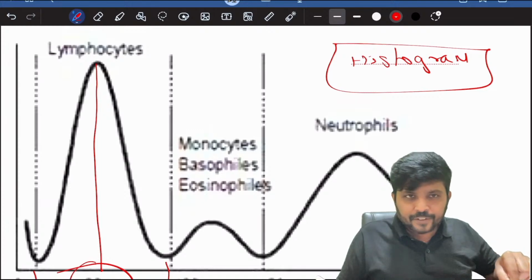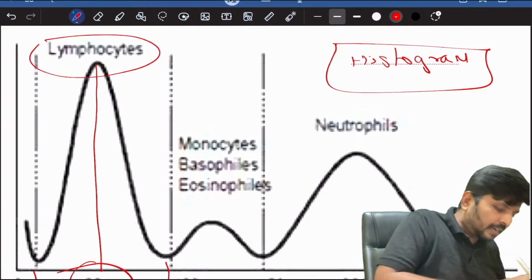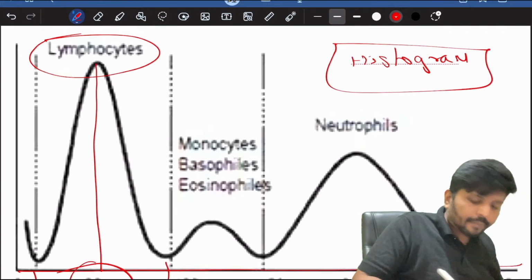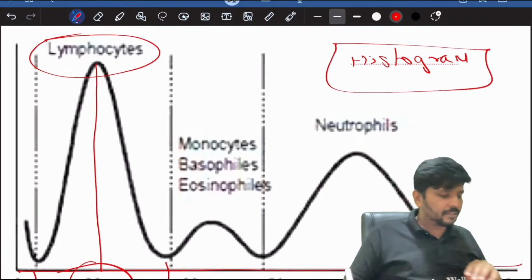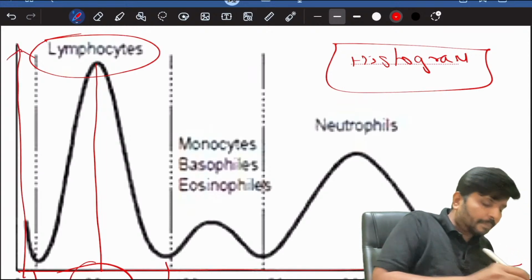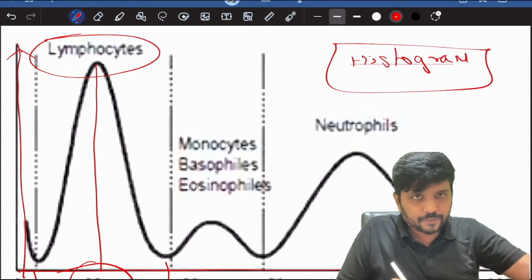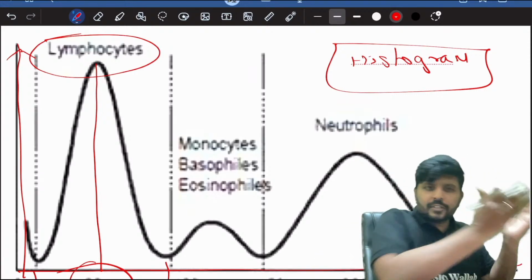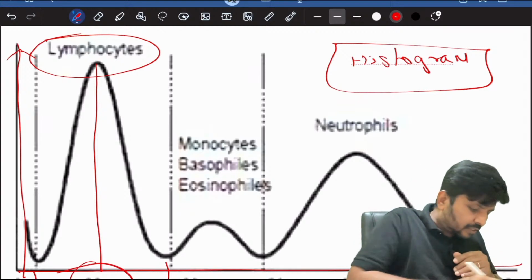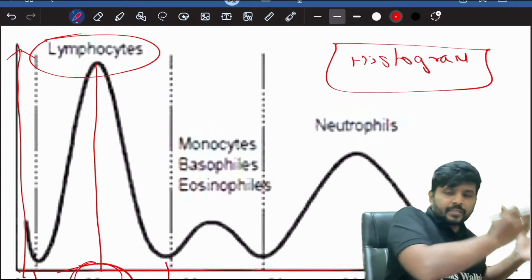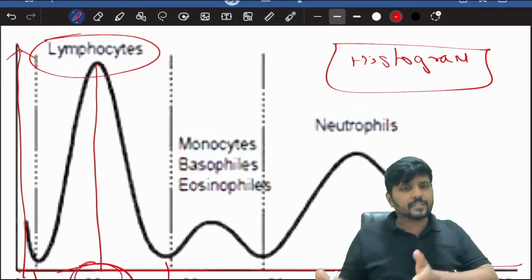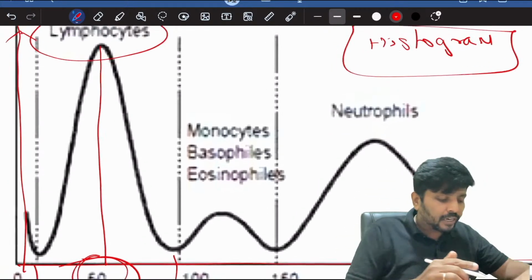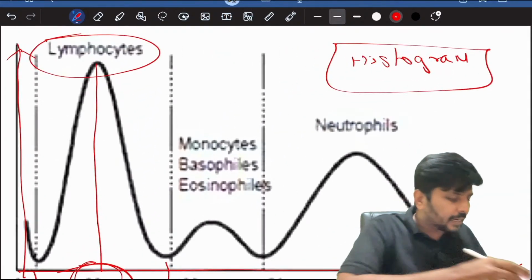Whenever a cell is 50 femtoliters, it will be counted as a lymphocyte. The x-axis is meant for the size of the cells, and the y-axis is meant for the percentage of cells. You always have a standard deviation. The mean is 50 femtoliters, and on this side minus 2 and plus 2 standard deviations. But on average, a cell of 50 femtoliters in size will be counted as a lymphocyte.